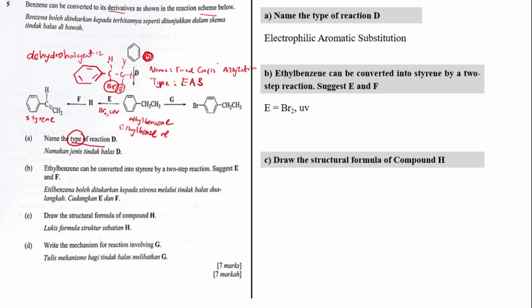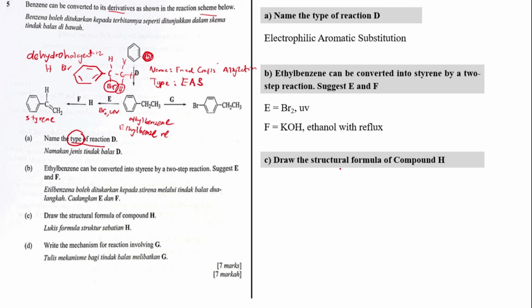Halogenation means that we're going to remove halogen group, both hydrogen and halogen group. So it will undergo the process of dehydrohalogenation, which is the elimination. So for the reaction, in order to remove halogen and hydrogen, we're going to have the reagent of KOH, ethanol with reflux. Okay, so these are the two reagents that you need. So when you remove HBr, an alkene is going to be produced, which is the styrene.